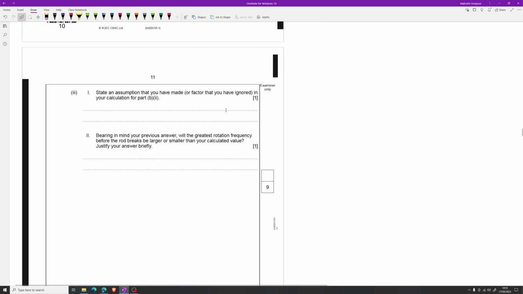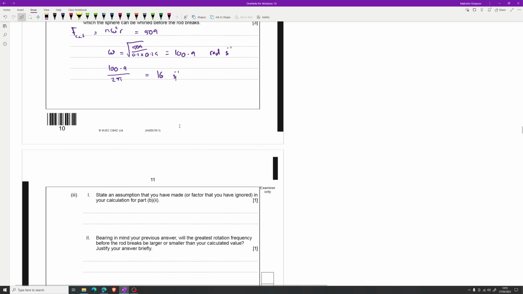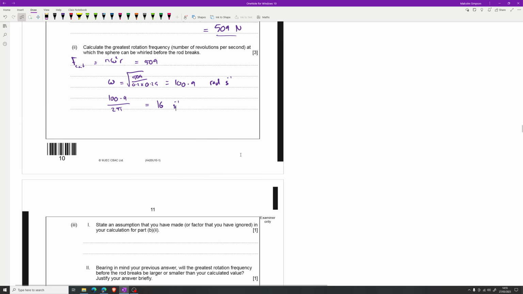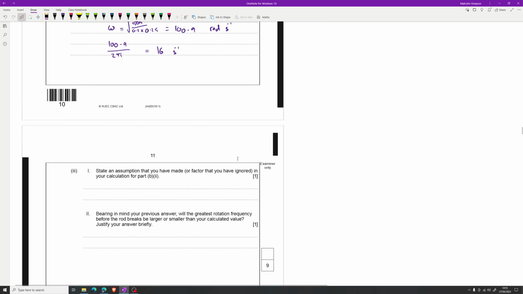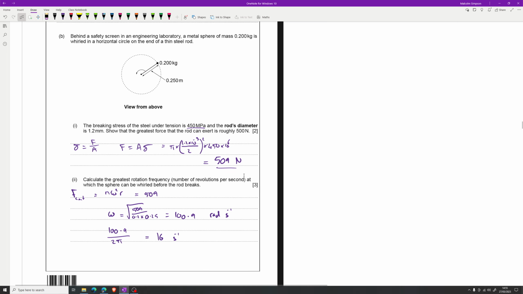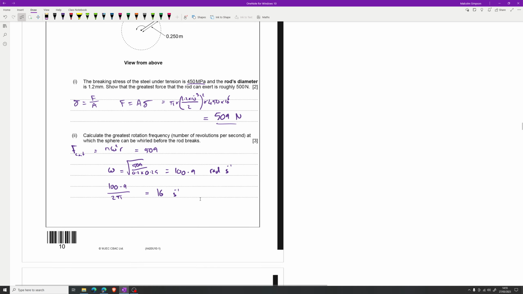State an assumption that you have made or a factor that you have ignored in your calculation for part BII. Yeah, maybe the weight of the ball, because there will be additional stress on that rod because it's supporting the weight horizontally.